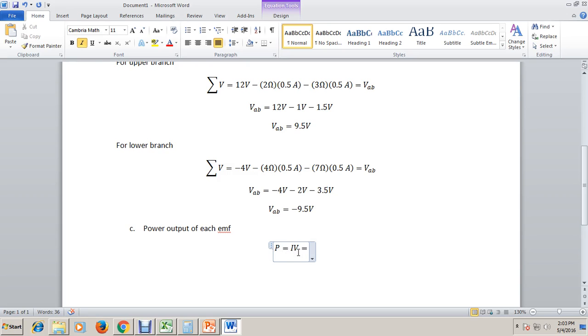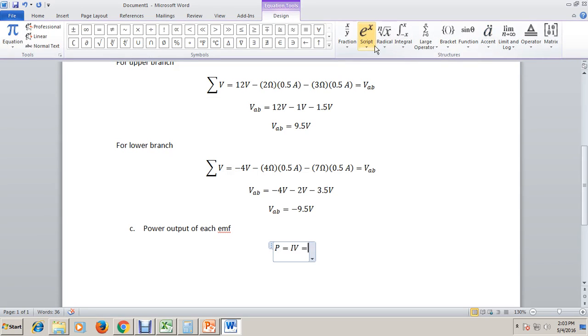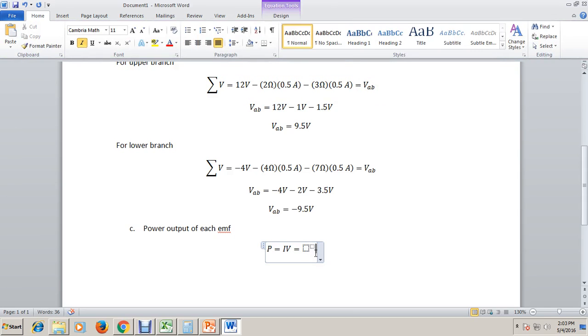Let us replace first V with I times R. So you have I times R replaced for V. This becomes I times I, that gives us I squared times R. Or, instead of replacing V with the IR term, we could actually replace I with the V over R term coming from Ohm's law also.